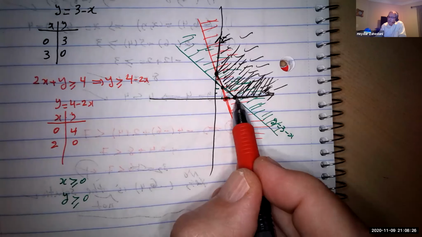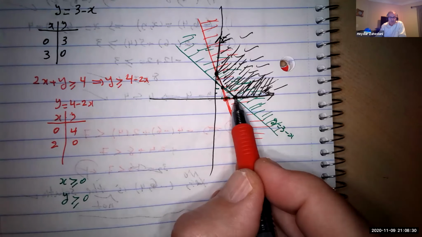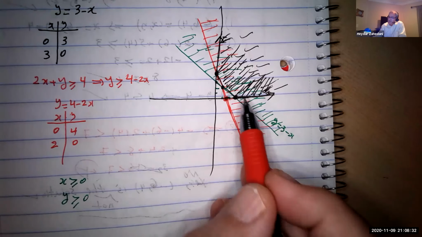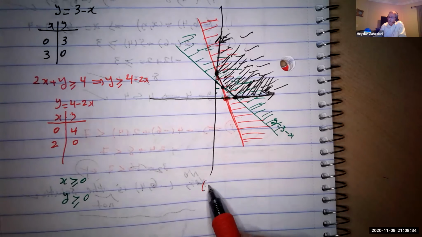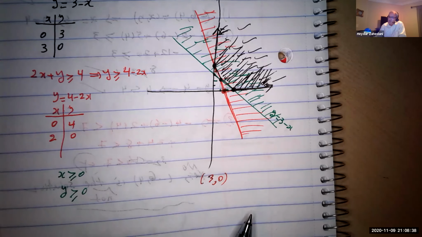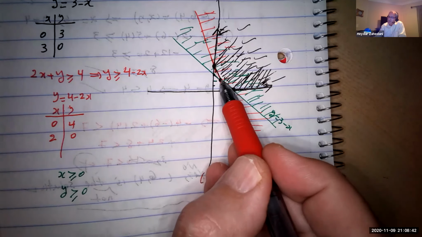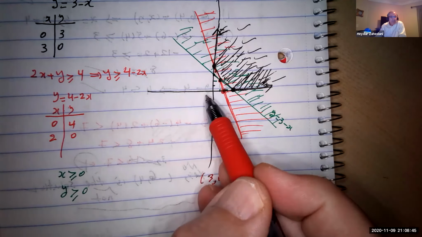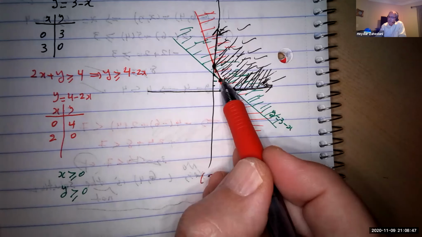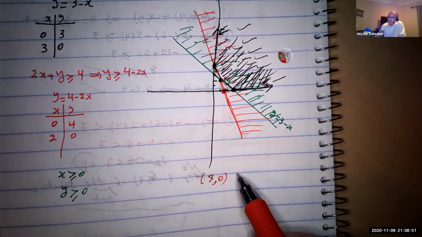Okay, remember that was the point 3 and 0. You see, you get the 3 and 0. This is going to be one point of the intersection. Then that will take us to this point here. Okay, and the coordinate of this point is going to be 1 and 2.